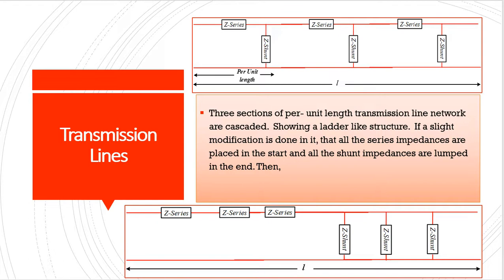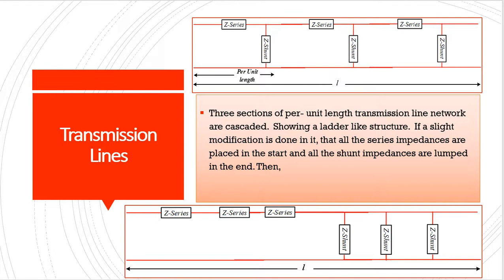If a slight modification is done in it, right, what is the slight modification I am going to do? That I am placing all the series impedances together and all the shunt impedances that are lumped in the end, then this structure will become just like this as I have shown here.